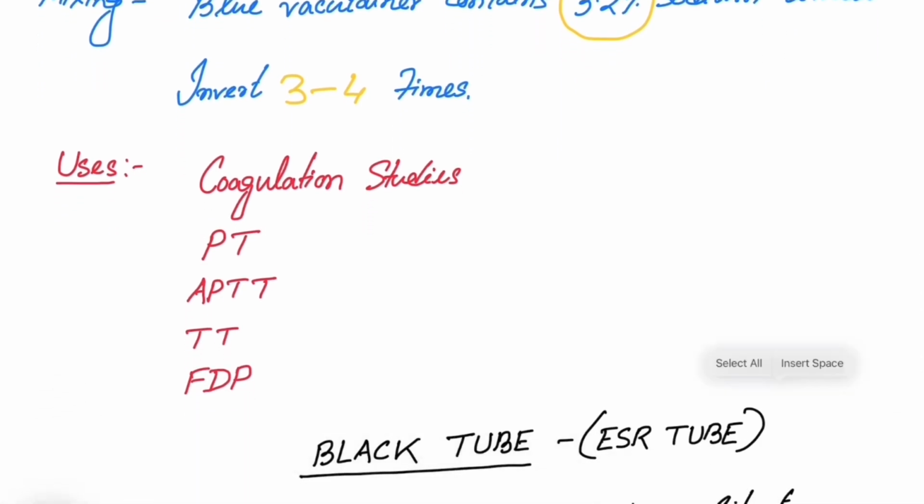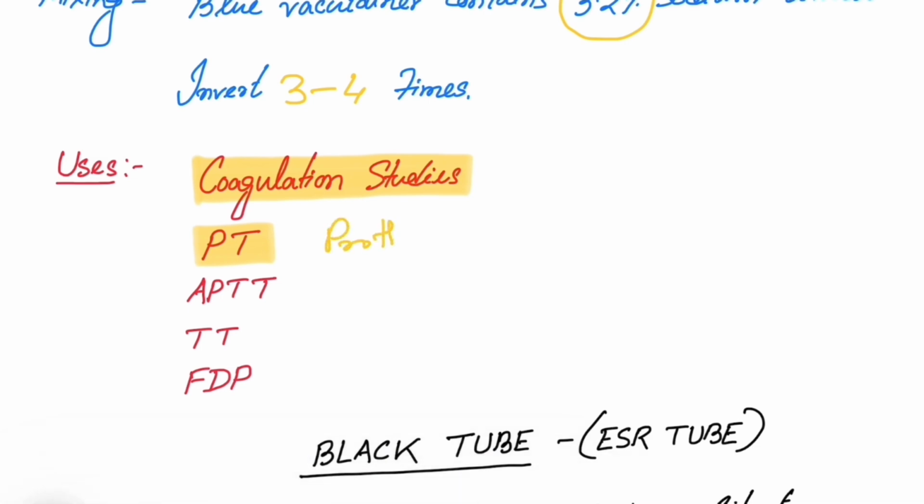Let's talk about the uses. So I told you the anticoagulation by sodium citrate is reversible. So it is used for coagulation studies. This is a very important point. For coagulation studies, you need sodium citrate. Otherwise, it won't work, because the anticoagulation with EDTA is irreversible. Like we can use it in PT.